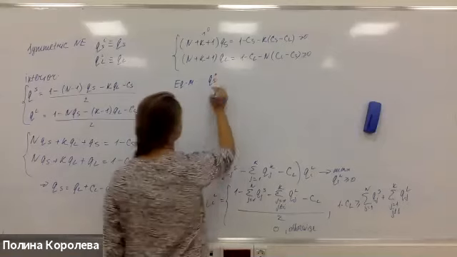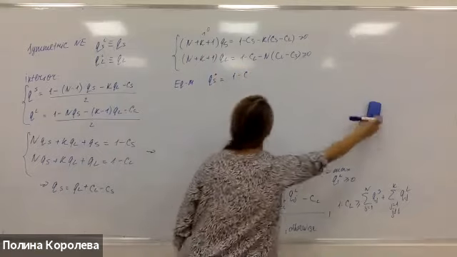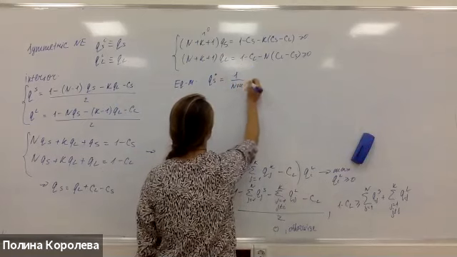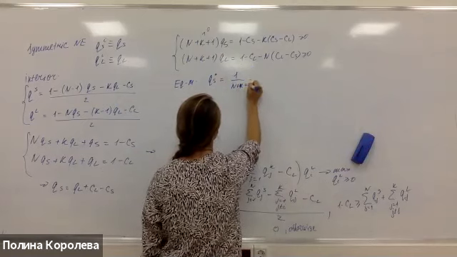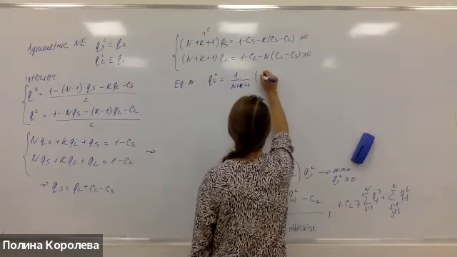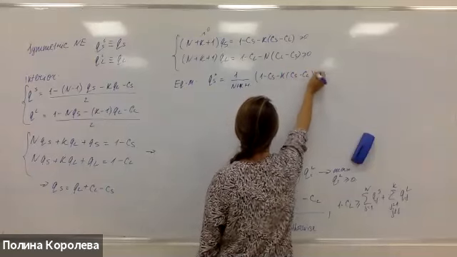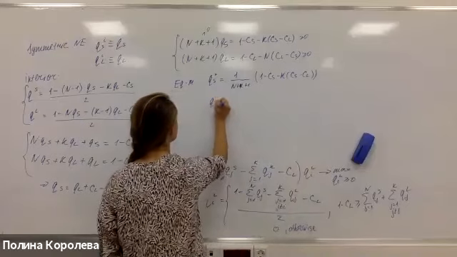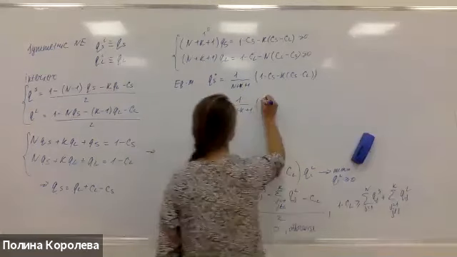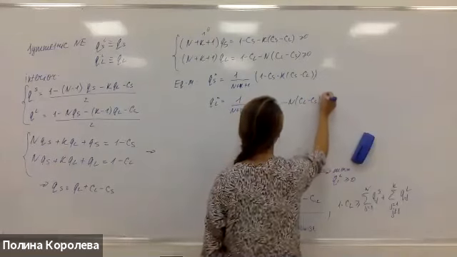The optimal quantity for the small firm is equal to 1 divided by N plus K plus 1 multiplied by 1 minus CS minus K CS minus CL, and the quantity for the large firm is equal to 1 divided by N plus K plus 1 multiplied by 1 minus CL minus N CL minus CS.